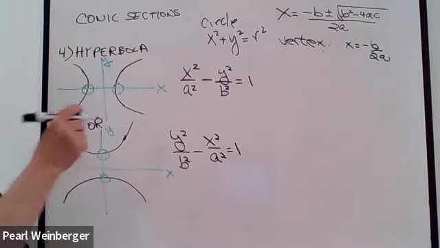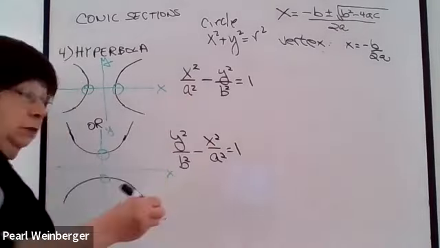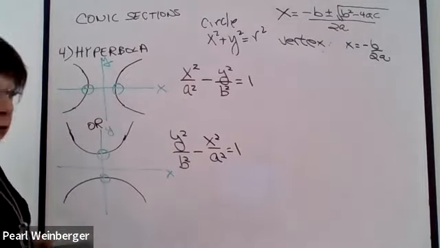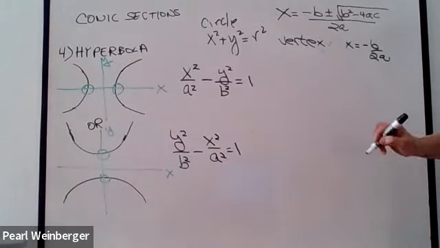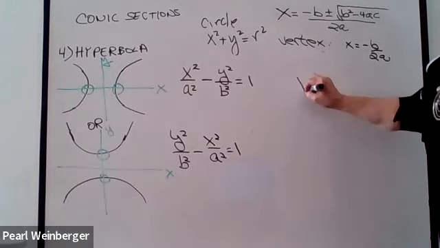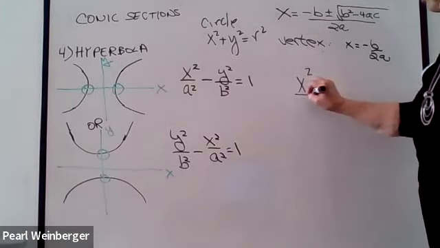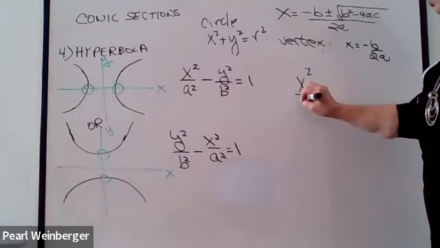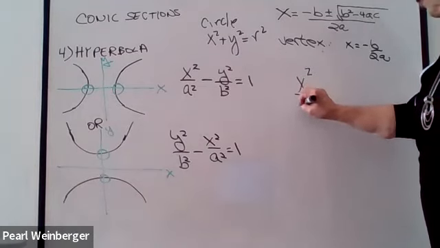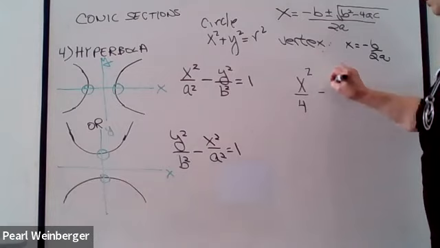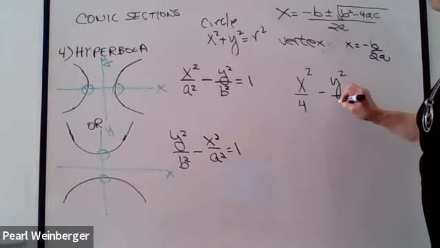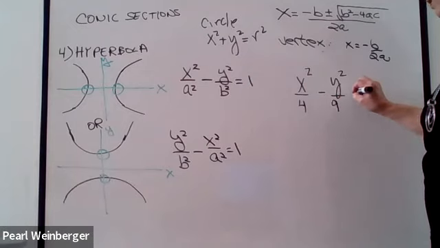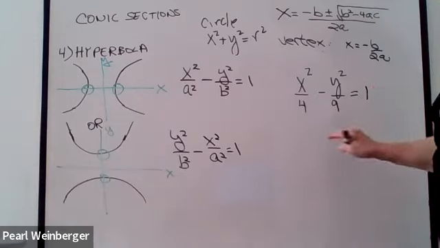So I could have an example that looks like this. I'll start with a simpler one. Suppose I gave you x squared over 4 minus y squared over 9 equals 1.